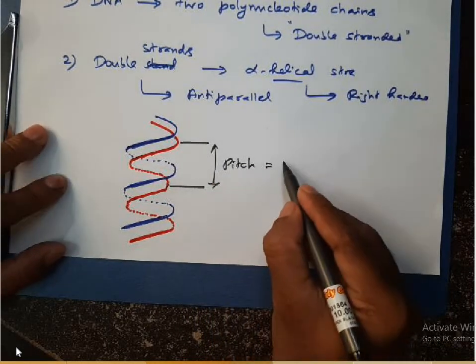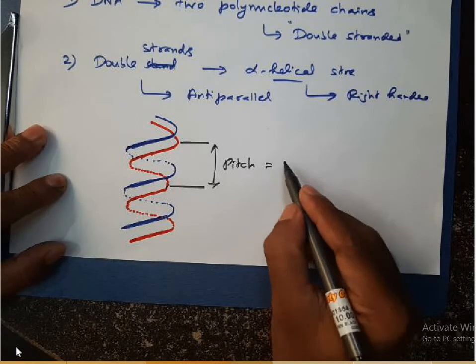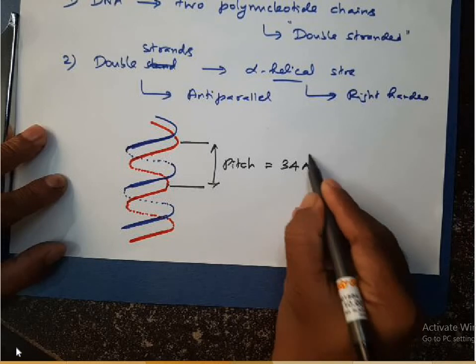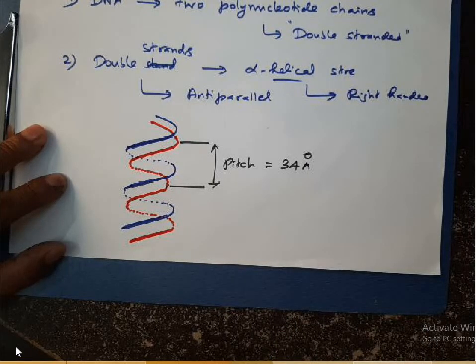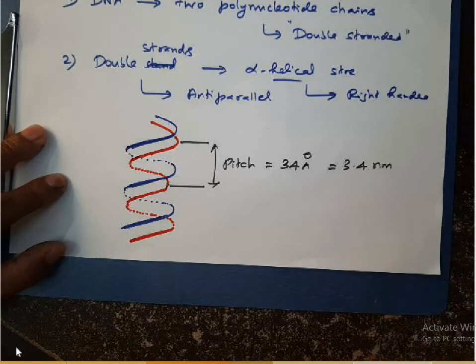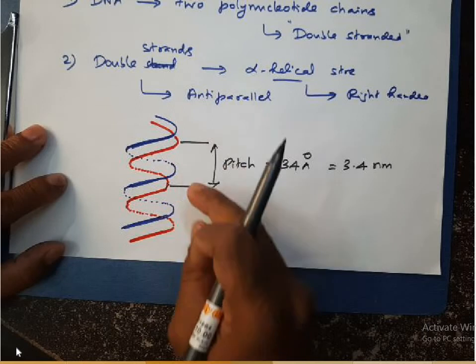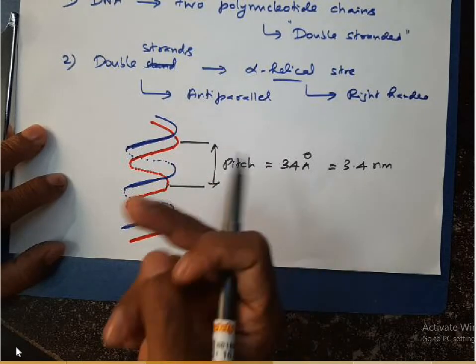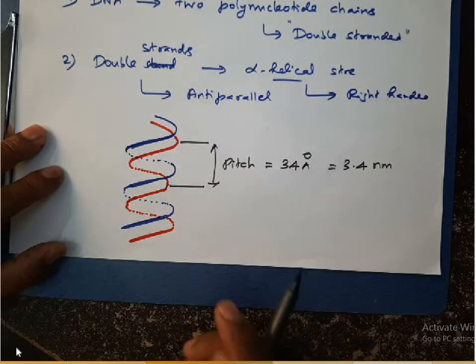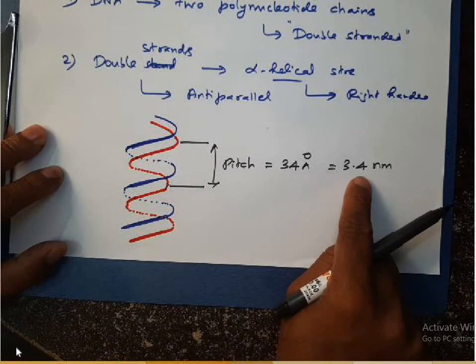In DNA, the pitch length is 34 angstrom units. 34 angstrom units is 3.4 nanometers. This is what we call the distance of one turn. The length of one turn is 3.4 nanometers in DNA.